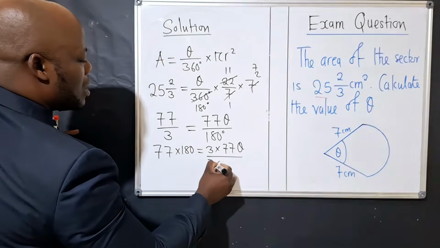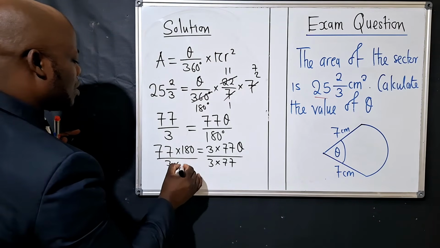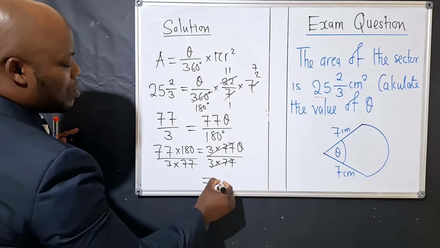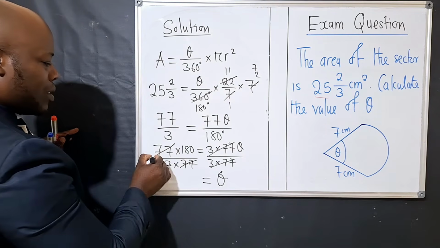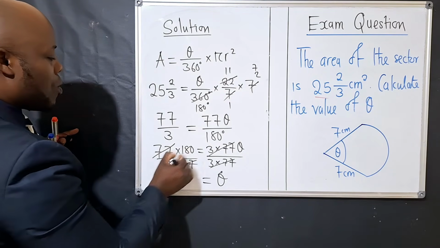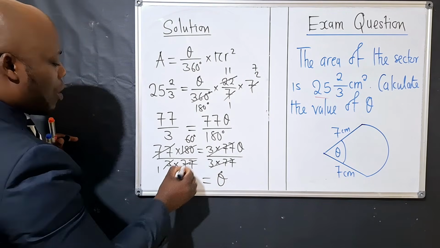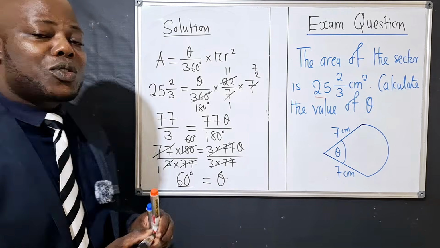So these two will cancel out. We shall remain with theta, which is equal to 77, and 77 will cancel out. 3 into 3 is 1. 3 into 180 will give us 60. So our angle is 60 degrees, which is the value of theta.